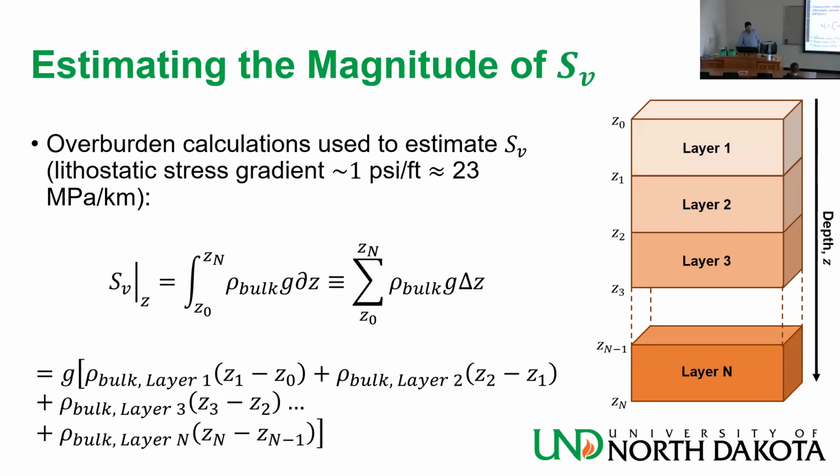But basically, you have the density and the height of each layer. The heights are Z1 minus Z0, Z2 minus Z1, Z3 minus Z2, up to Zn minus Zn minus 1.